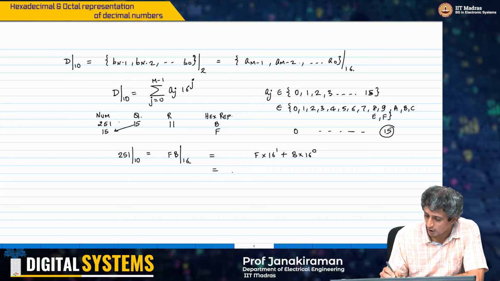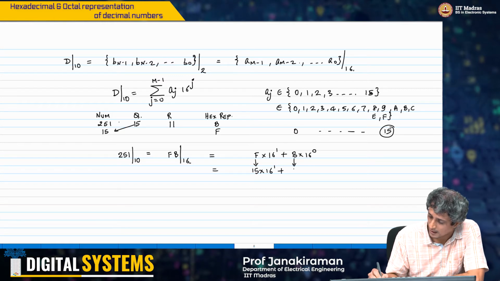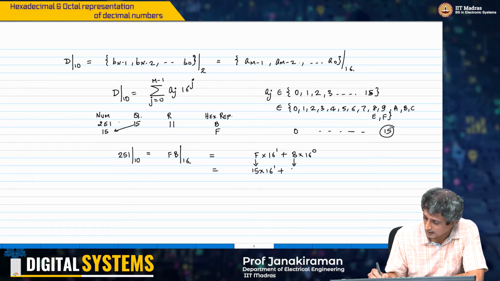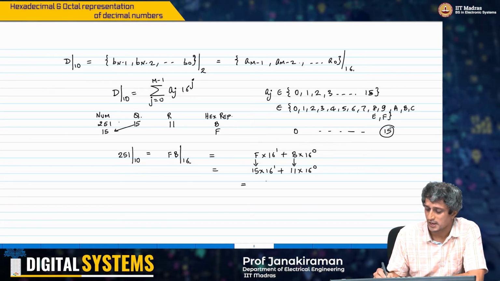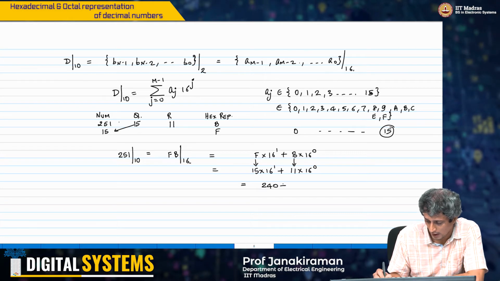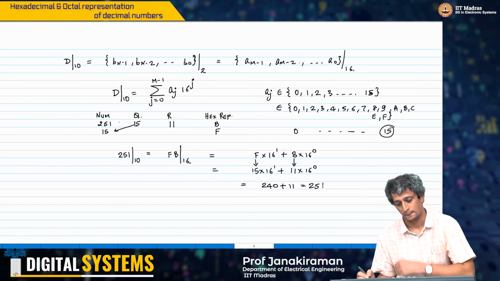Right? And what is F? This itself is 15 into 16 power 1 plus B is 9, 10, 11, so 11 into 16 power 0. So therefore this is 15 times 16, 240, plus 11 equals 251.